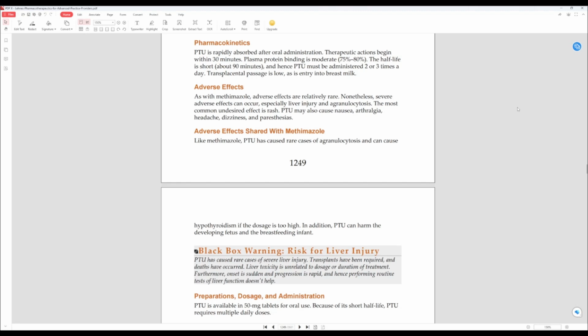Adverse effects that are shared by both methimazole and PTU, caused rarely, are mostly agranulocytosis, and both can cause hypothyroidism if the dosage is too high. So both can have that issue. Again, in addition, PTU can harm the developing fetus and the breastfeeding infant.